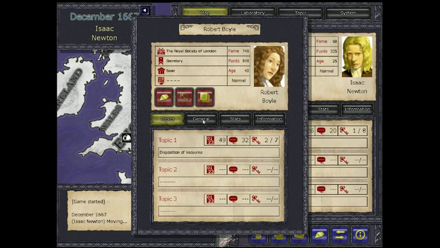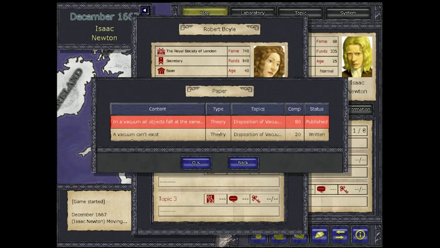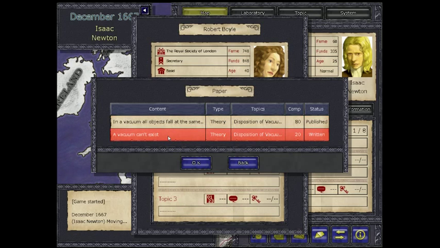Mr. Boyle is working on the disposition of volumes, and it looks like he has one paper published. In a vacuum, all objects fall at the same rate. Vacuums can't exist. He wrote a paper about it. Probably not going to publish that one, I assume.